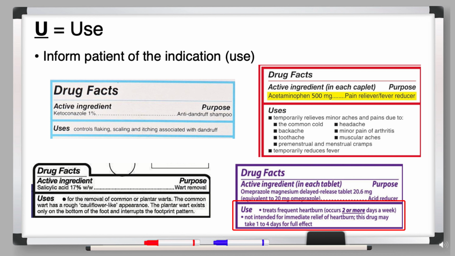Now, understand this is not intended for the immediate relief of heartburn, because this medication can take anywhere from 1 to 4 days before it sees its full effect. So it's a medication intended to be used longer term for people who have frequent episodes of heartburn 2 or more times per week, week after week.